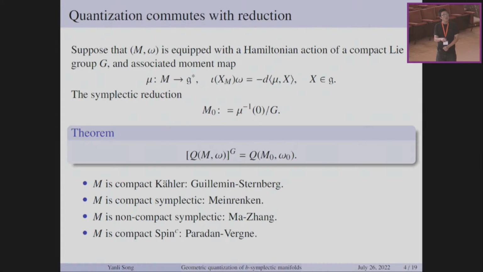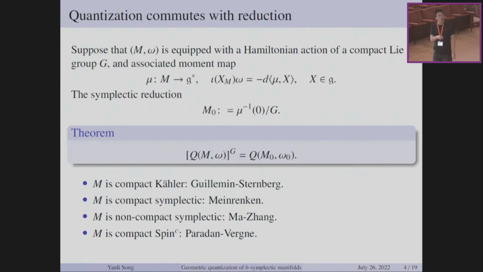Before you do the reduction, you do the quantization, as we discussed before. Because of the group action, the quantization should be a G-space, that is to say, it decomposes into irreducible representations of G. It will be finite dimensional. Of course, you can take the G-invariant part, and you get a finite dimensional space. So you first do quantization, and then you do reduction.